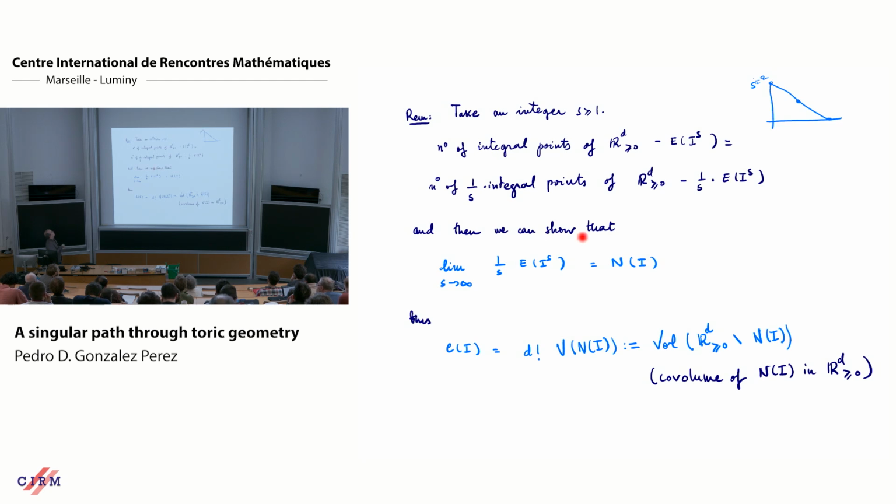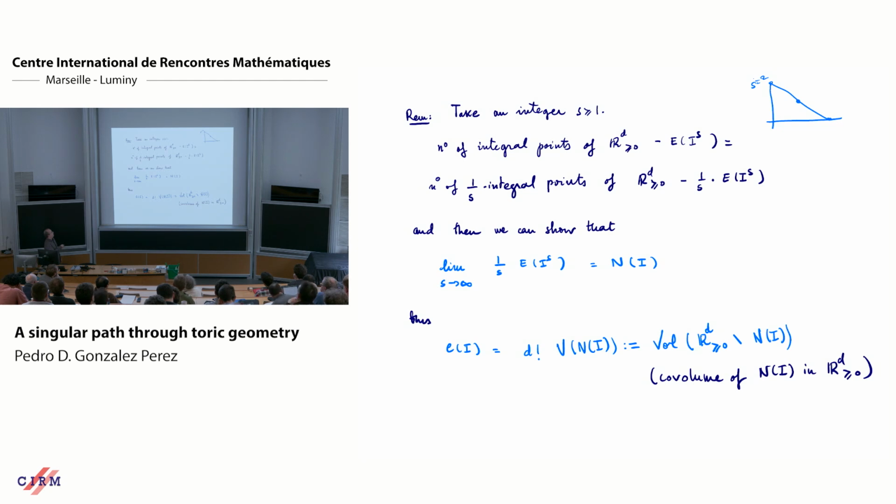Now we have this property that if I take an integer s bigger than or equal to 1, then the number of integral points in this set defined by the power s of the monomial ideal can be translated as the number of 1/s integral points of this other set.